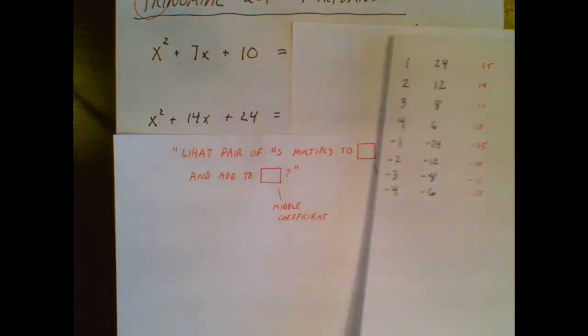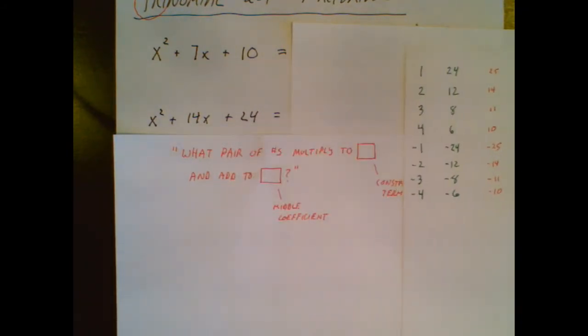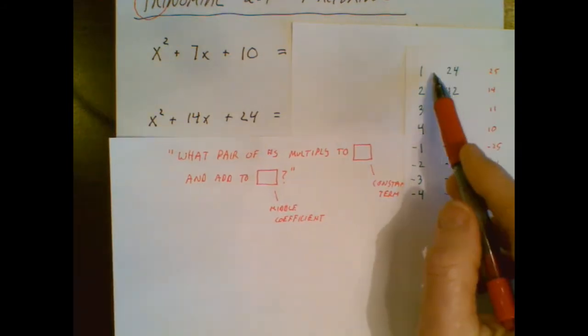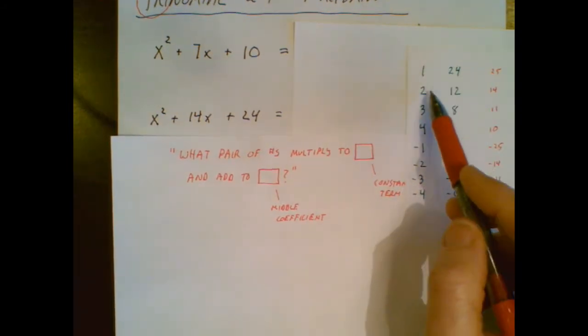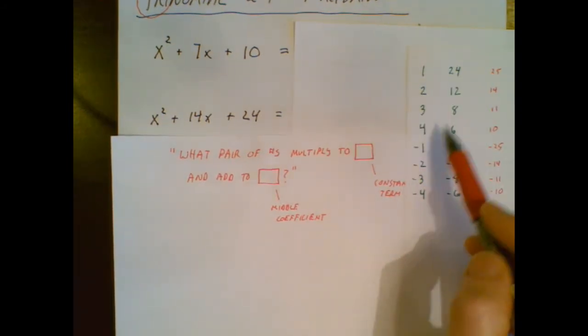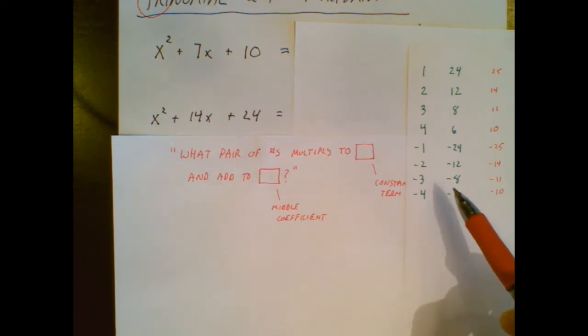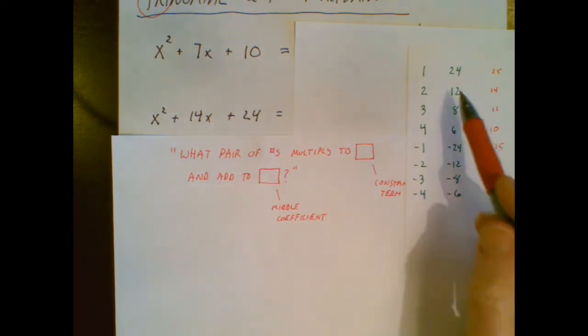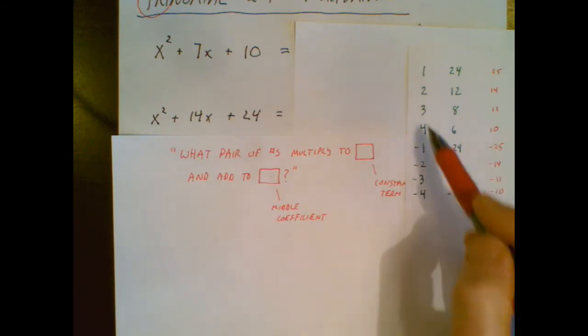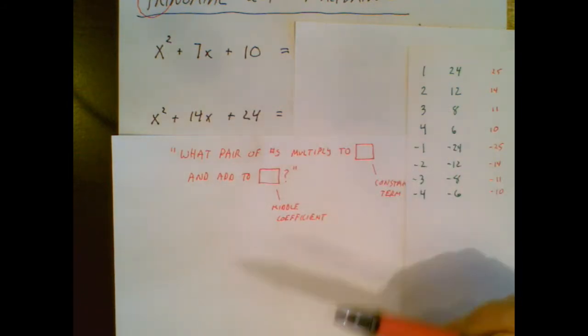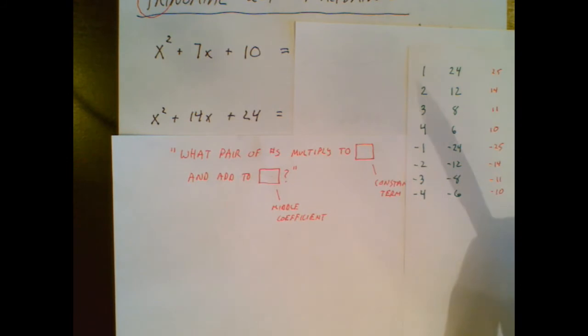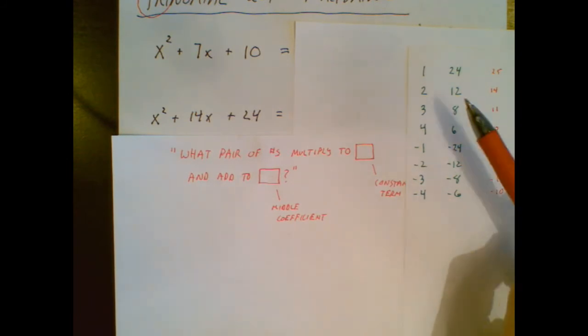And so over here is my list. 1 times 24, 2 times 12, 3 times 8, and I even remembered my negative numbers because they're going to come into play here when we get more complicated questions. So this is the comprehensive list of all the factors of 24. That means you have to remember your multiplication stuff. So go ahead and write a thank you letter to your 4th grade teacher.